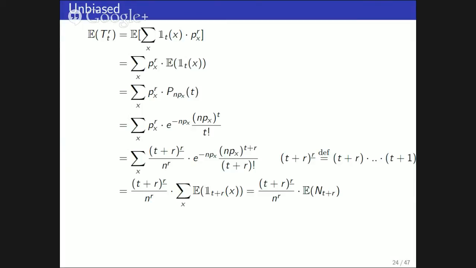And then if you want to get it to the L1 distance or KL divergence, you need to do a little more work from what they have done. And if you want to improve it, you need to do a little more work.